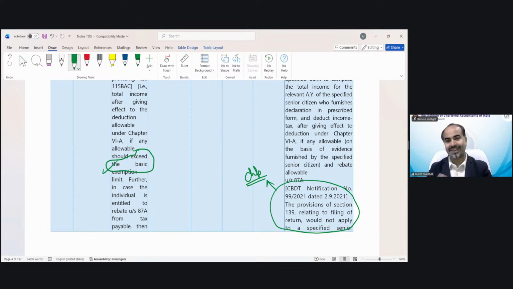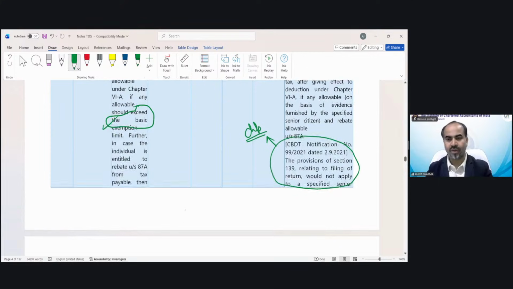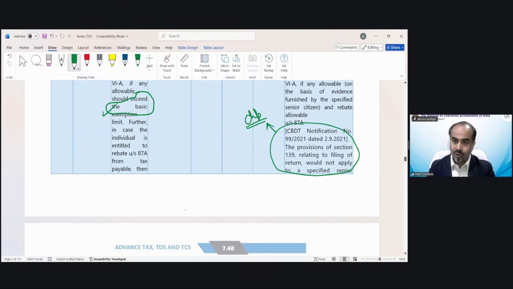So exactly this provision is going to come again in chapter number 8. Okay. If the condition is not fulfilled, if age is less than 75, or there is interest income from another bank or house property income also, then he needs to file his income tax return. That's it.